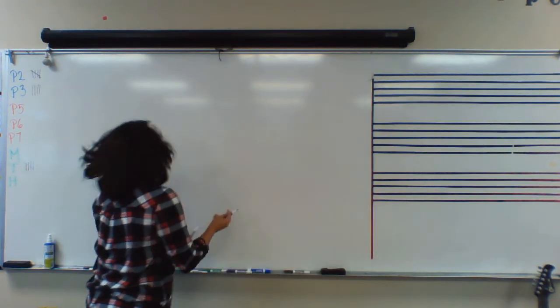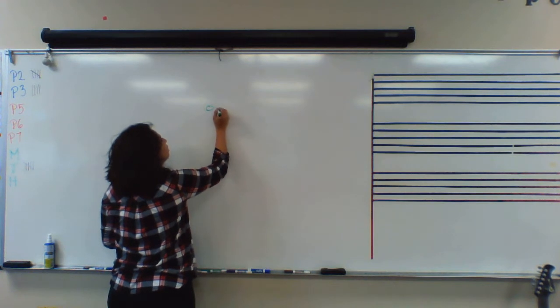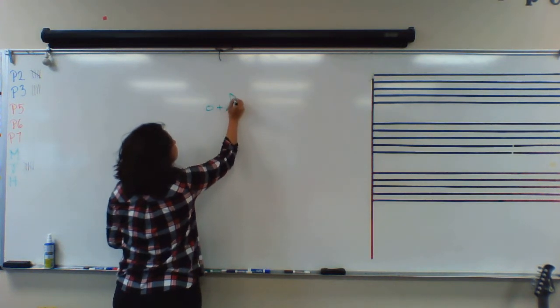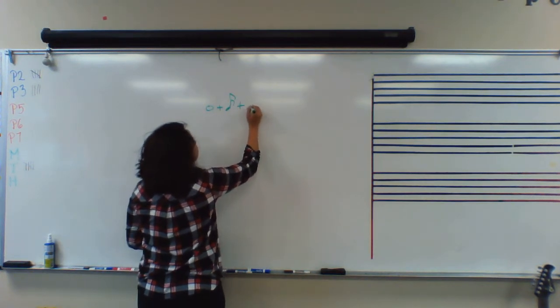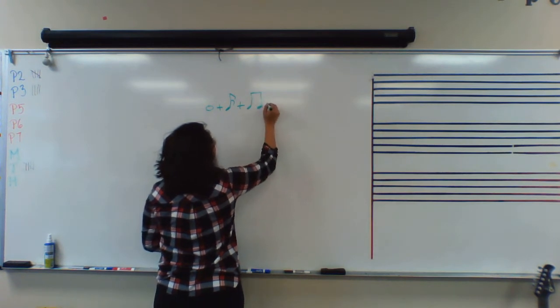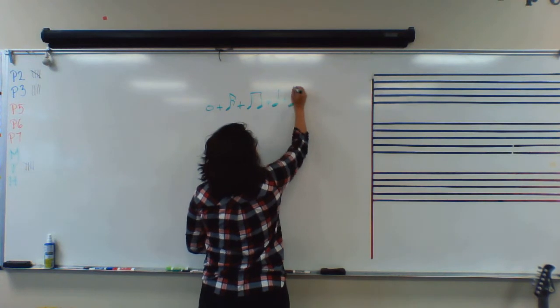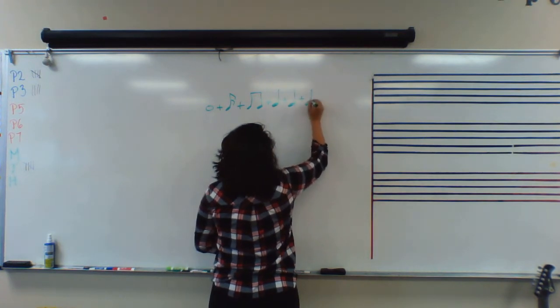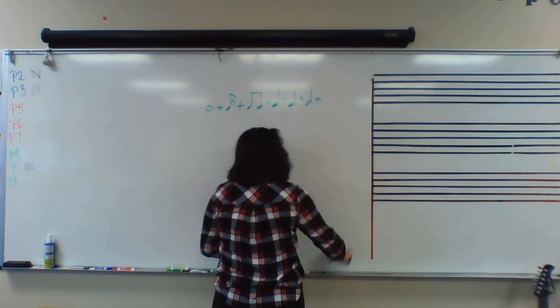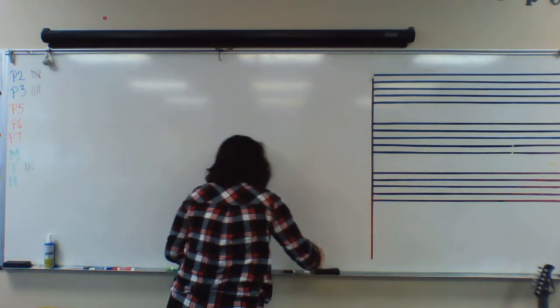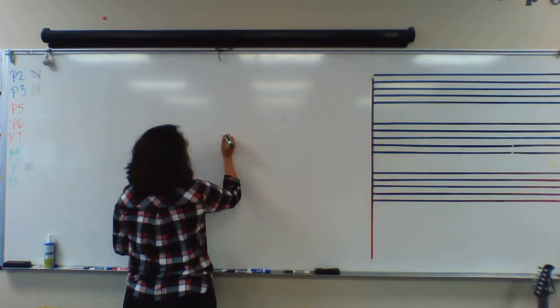Last one. Whole note plus 16th note plus 2 eighth notes plus a quarter note plus a quarter note plus a half note. Why am I writing it all the way up there? I don't even remember what I wrote down.